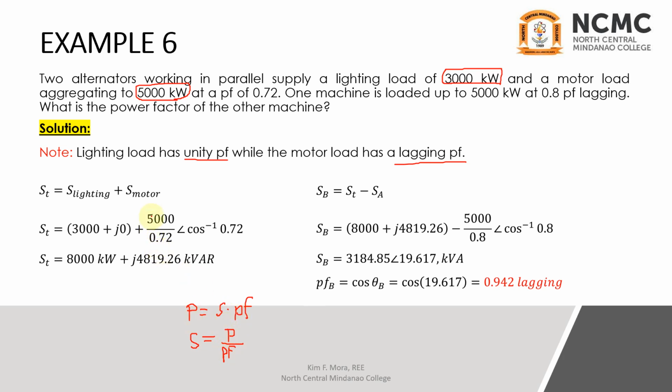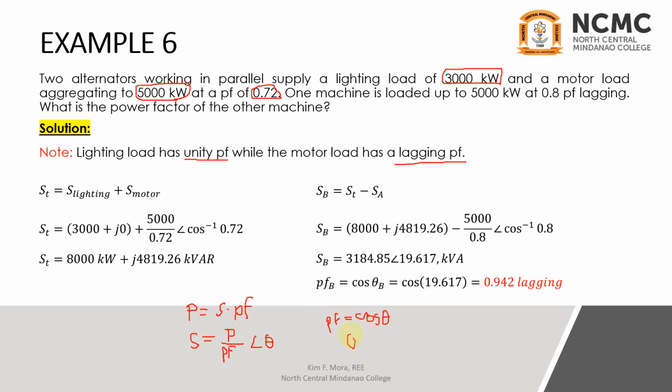So that's 5,000 kilowatts of power divided by the power factor of 0.72, times the angle. Remember that power factor is equal to the cosine of the angle.